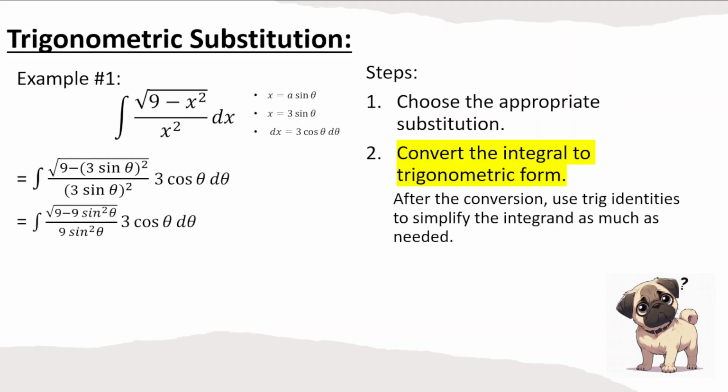So if we square out 3 times the sine of theta, we get the square root of 9 minus 9 times the sine squared of theta, over 9 sine squared theta, times 3 cosine theta d theta. We can factor out the 9 in the numerator to get the square root of 9 times the quantity 1 minus sine squared theta, over 9 times sine squared theta, times 3 cosine theta d theta.